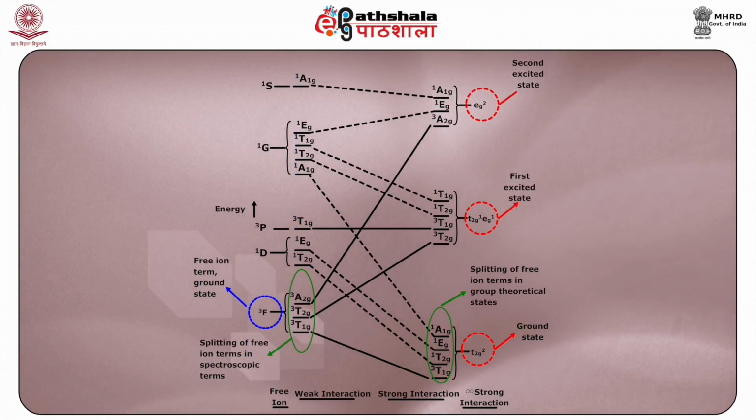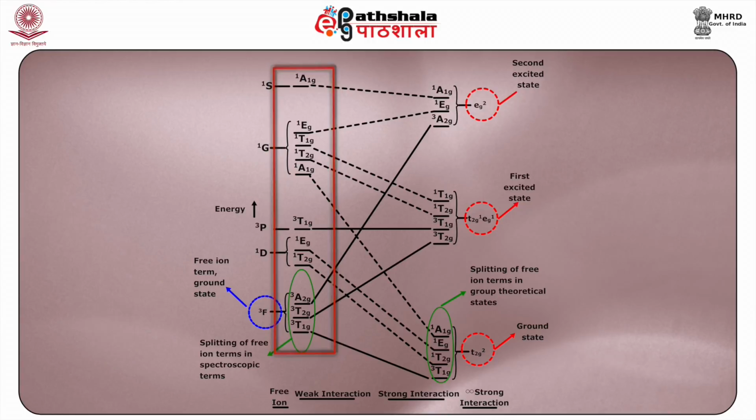The symmetry characteristics of these free ion terms will eventually lead to their breakdown into irreducible representations in an octahedral field. This is again represented at the left side along with the free ion terms. This represents the weak field case, where the ligand field is not strong enough to alter the spectroscopic terms to a large extent.